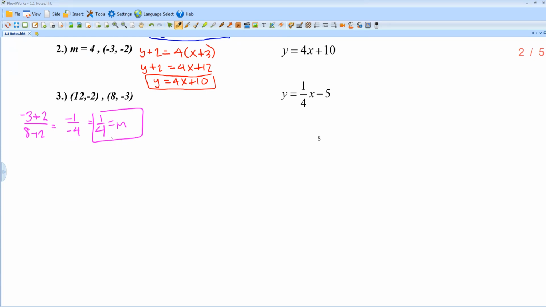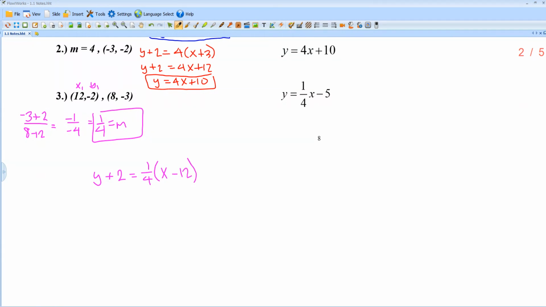So we know what m is. Now, this problem just becomes the same as numbers 1 and 2. And you can pick either one of these points to use. So I'm just going to use this first one, x1, y1. I'll have y plus 2 equals 1/4, our m value that we found, our slope, times x minus 12.